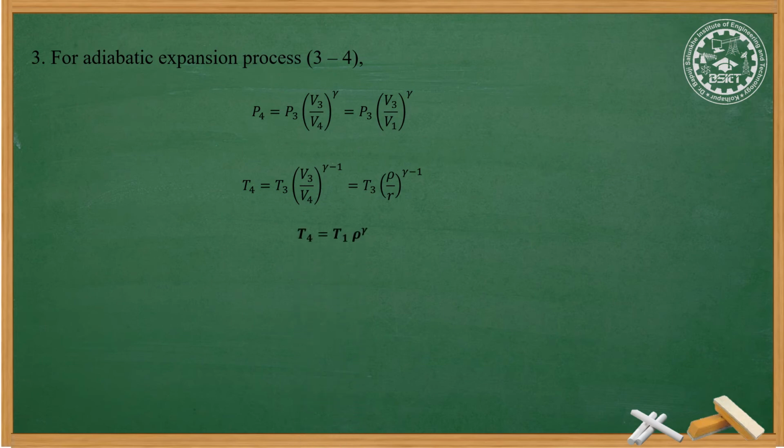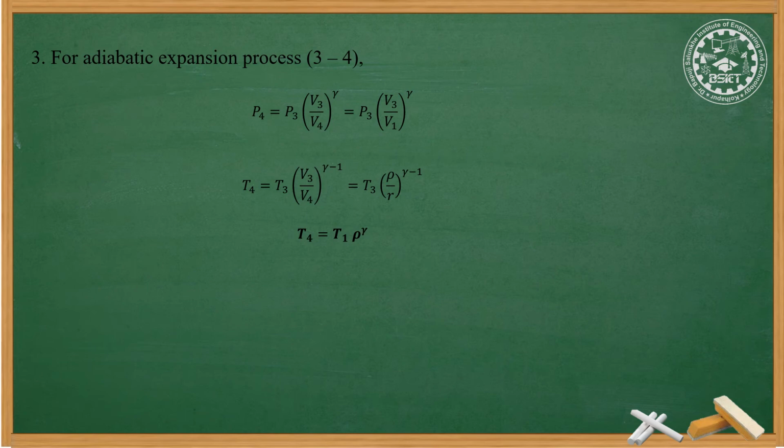Substituting the equation of T3, we get the equation of T4, that is T4 is equal to T1 into rho raised to gamma. This equation is important for substituting in the efficiency equation so that we can find the air standard efficiency of a diesel cycle.